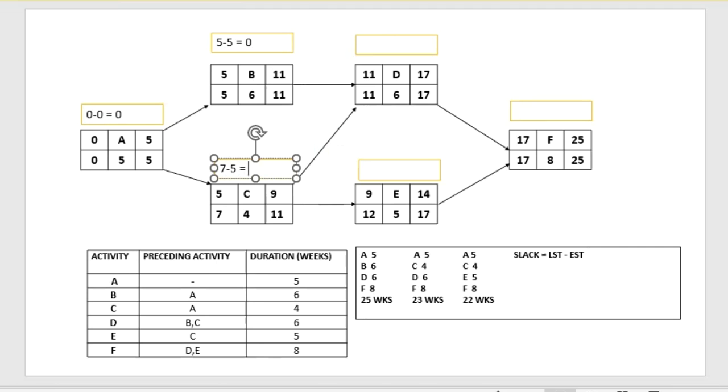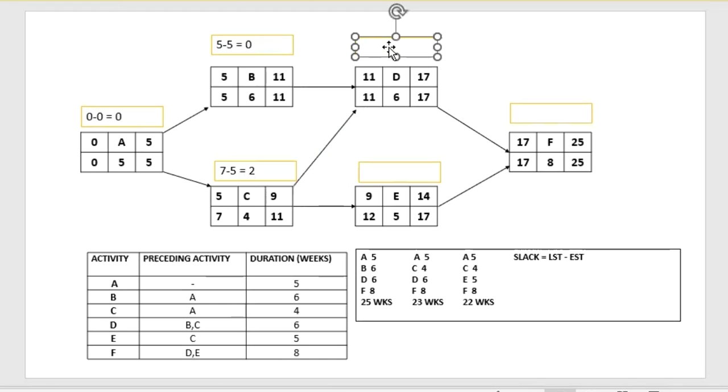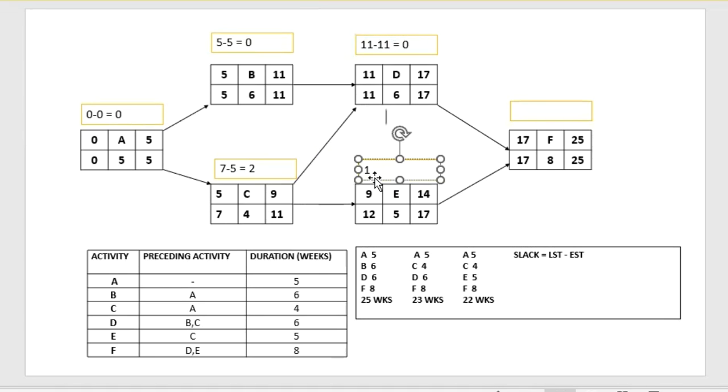That is equal to 2. Let's look at the slack time for D. 11 minus 11. That is equal to 0. For E, it's 12 minus 9. That's equal to 3. Good. For F, it is 17 minus 17. That's equal to 0.